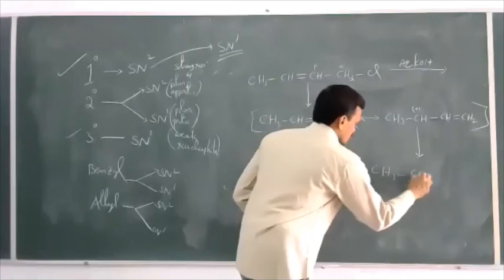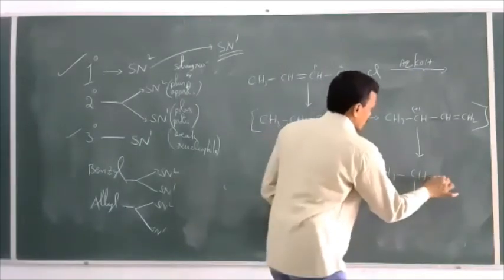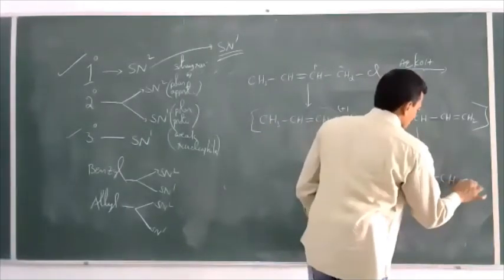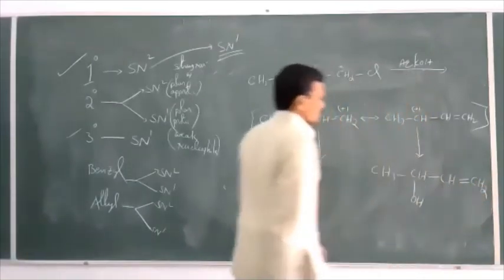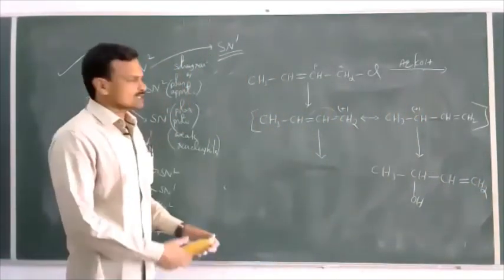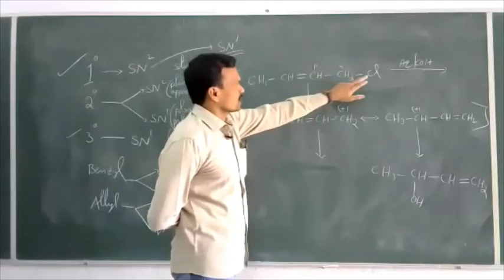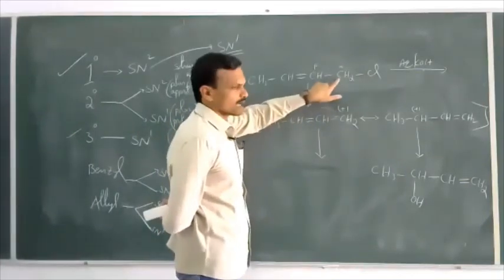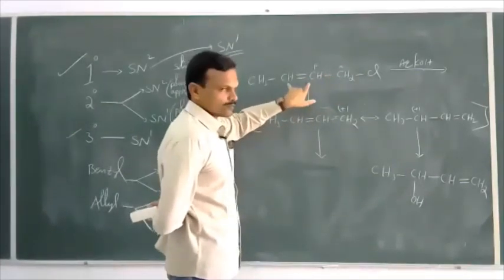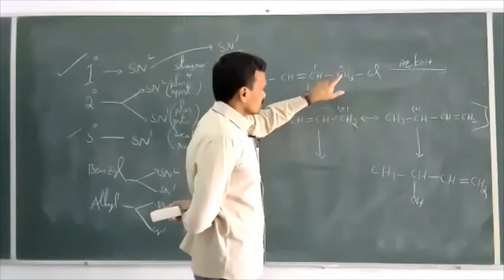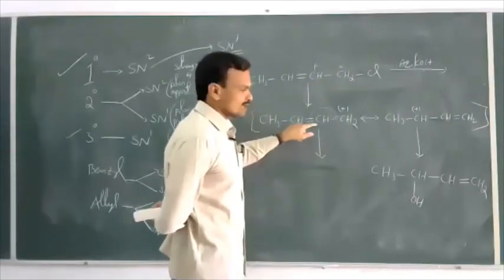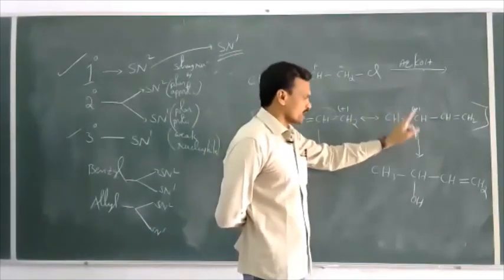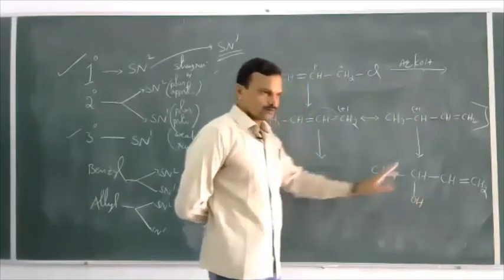Now this secondary allylic carbocation can give the product: CH3, CHOH, CH double bond, CH2. So like this, this is a primary haloalkane, meaning halogen is bonded to primary carbon. Actually this is an allylic group, and this first forms a carbocation that undergoes rearrangement. That rearranged carbocation can give the major product like this.